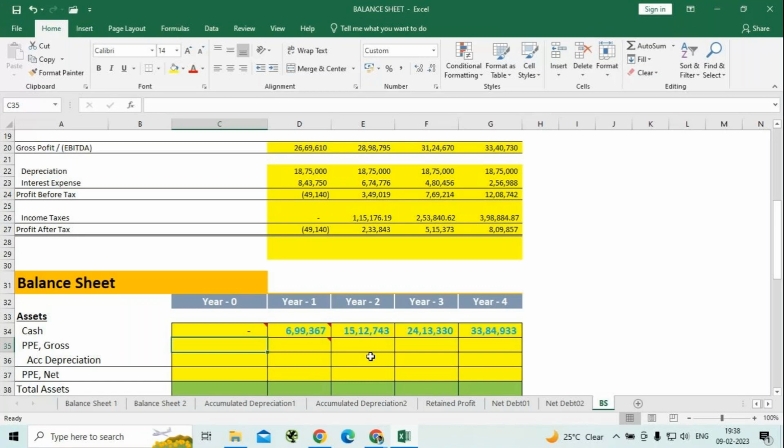So can anyone try this? So as soon as we are going to finish this balance sheet completely, so we can wind up the session for today.